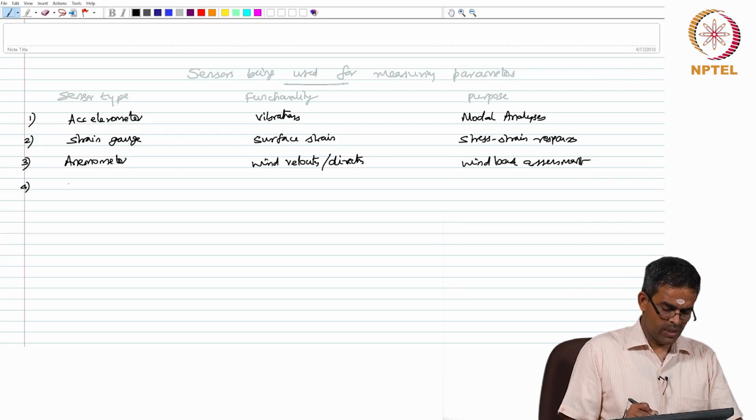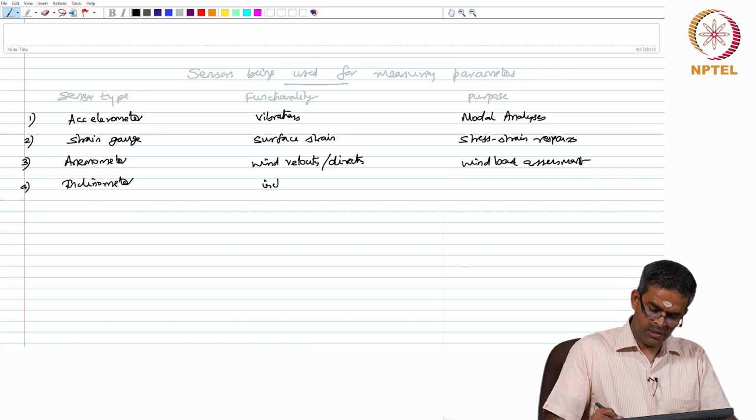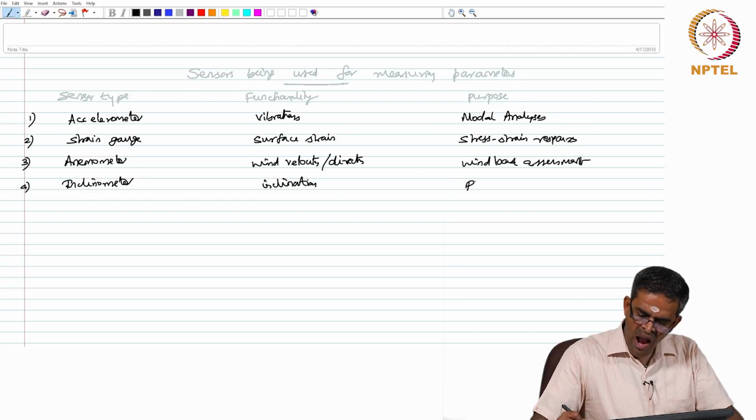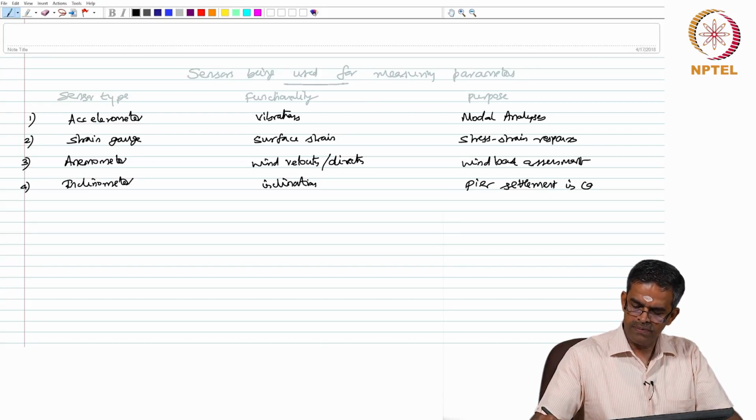The fourth could be an inclinometer, which actually measures inclination, which is useful to characterize the pier settlement in case of bridges.